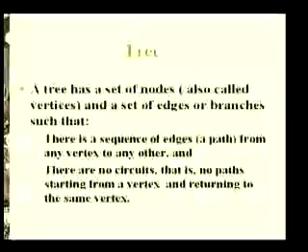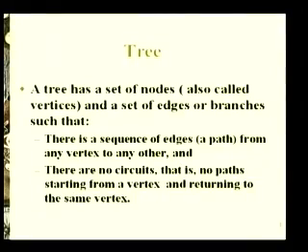Now let me define a tree. A tree has a set of nodes, also called vertices, and a set of edges or branches such that there is a sequence of edges from any vertex to any other. There are no circuits, that is, no paths starting from a vertex and returning to the same vertex. So the most important thing here is, in a tree you can travel from any vertex to another vertex.